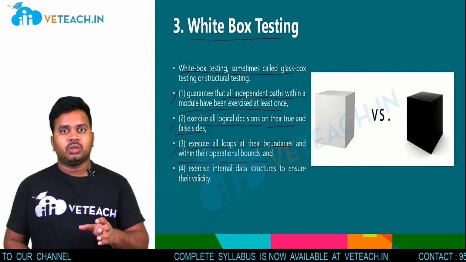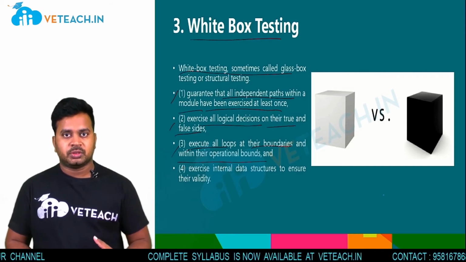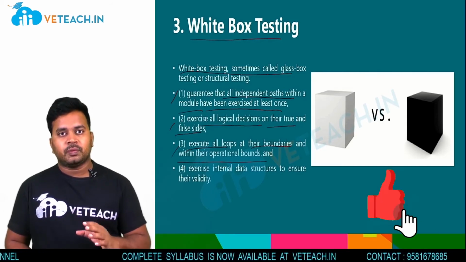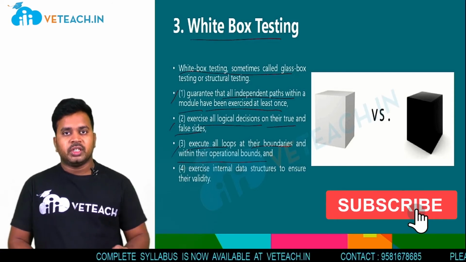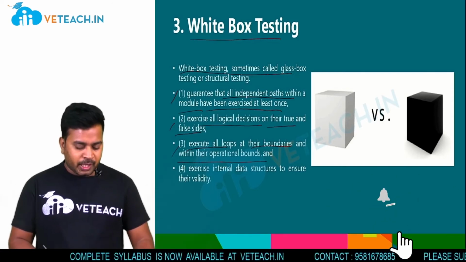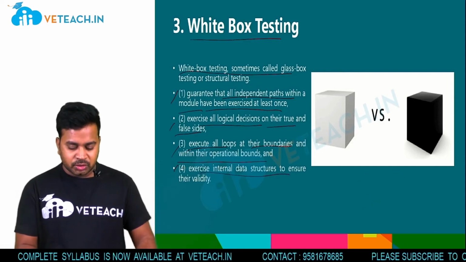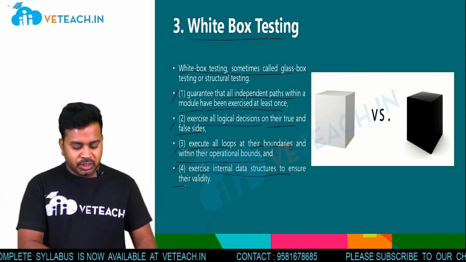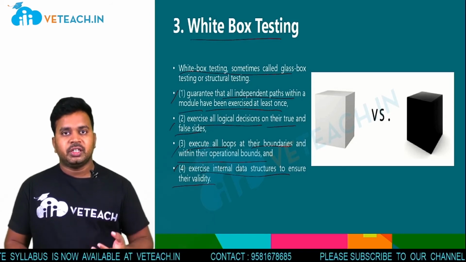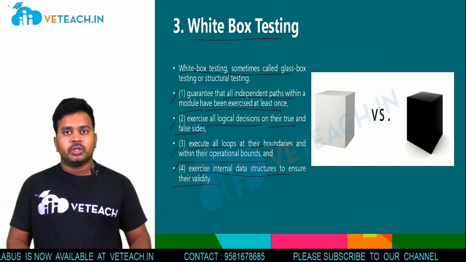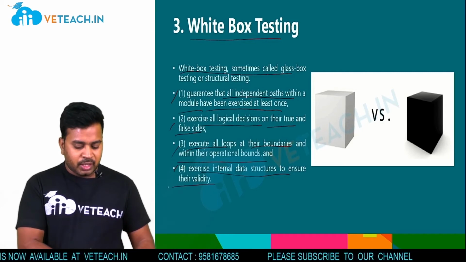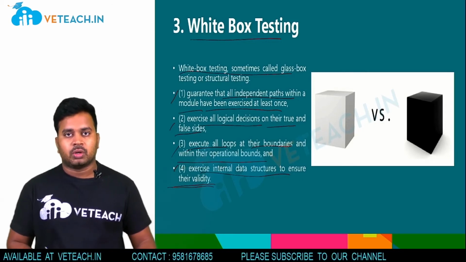You should not test 200 times; you will be checking the boundaries of those loops, and that is more than enough. The fourth one is to exercise internal data structures to ensure their validity, by checking the internal structures of the program to make sure they are correct.